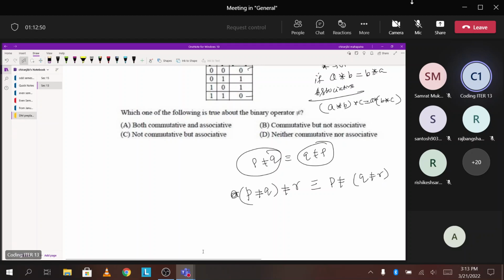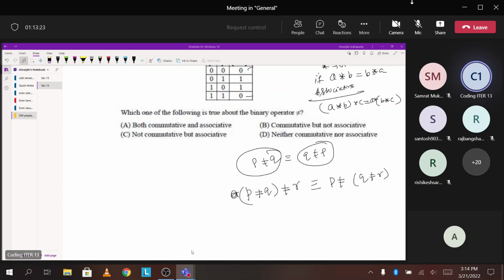It is associative. Okay, so how to check it?